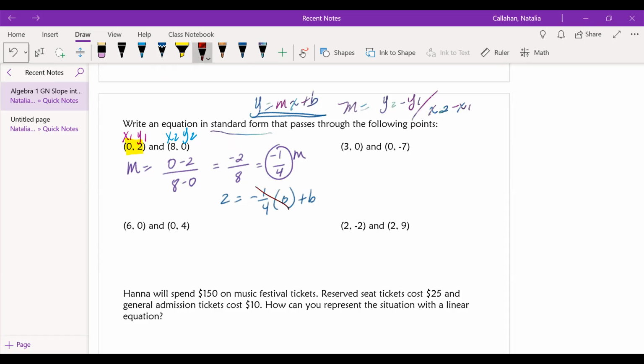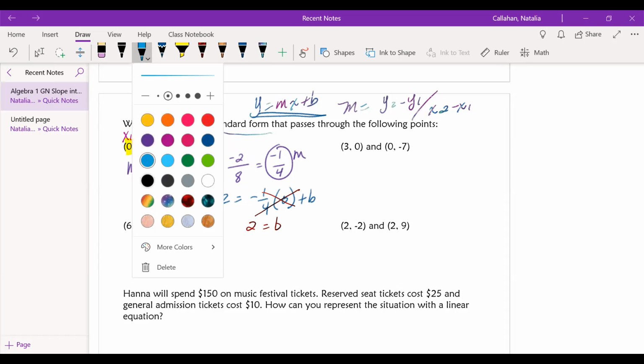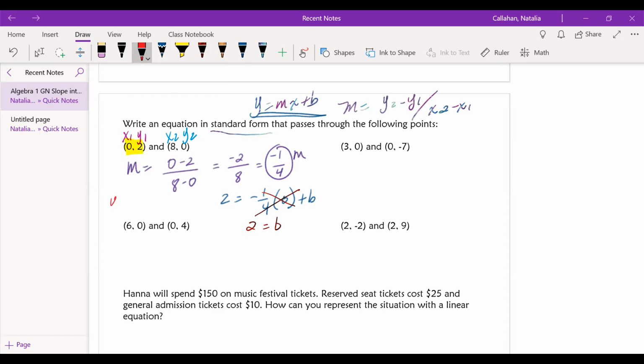So let's see if I can get some of it back. There we go. That cancels, and I have 2 equals b. So then what I'm going to do is put y is equal to the slope, -1 over 4x plus 2.